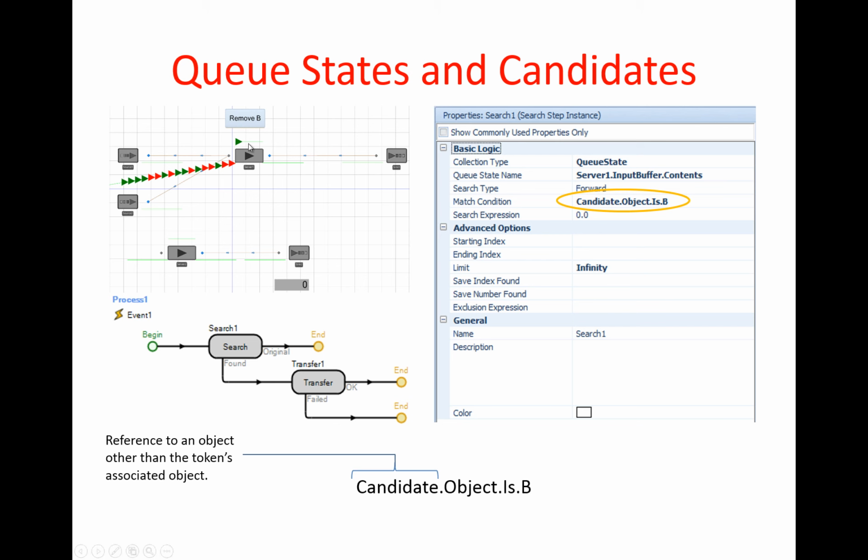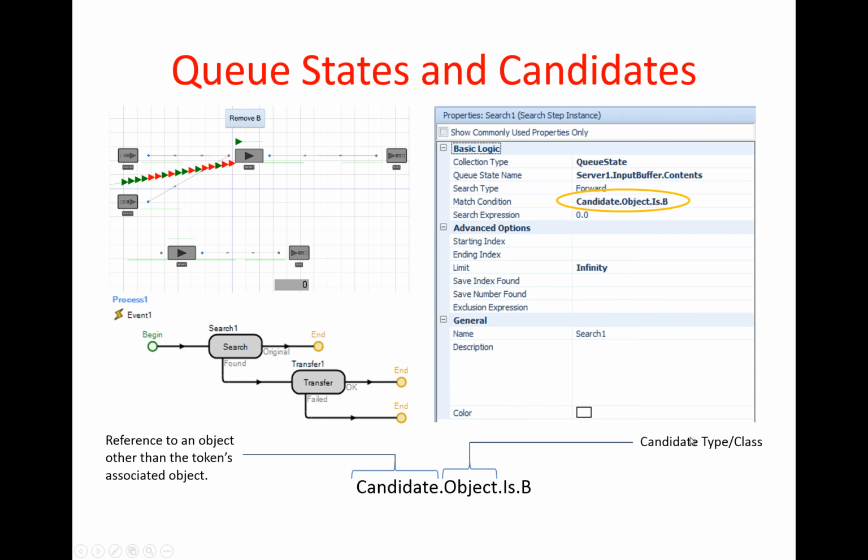Remember that when we hit the button, a token is created that executes our search step. But this token is a general token, and it's not associated with our entities that are in the queue. Since we're evaluating an expression that is related to the entities that are in the queue, we need to start our expression with the keyword candidate.